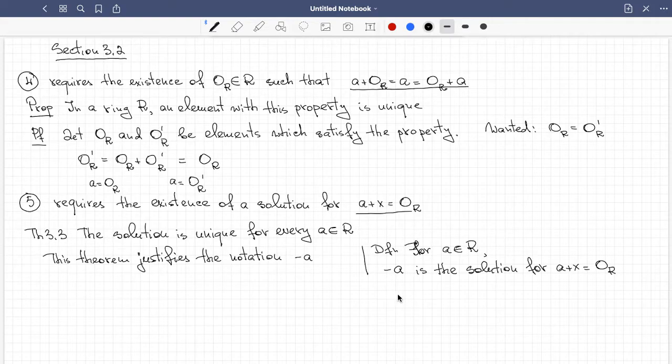So now we have, of course, that A plus negative A, as negative A is the solution, is 0. And the same, negative A plus A, the sum of two elements, is 0. You may put parentheses here if you want. Later on, we'll skip parentheses as we usually do in arithmetic. And this is also a notation for subtraction.